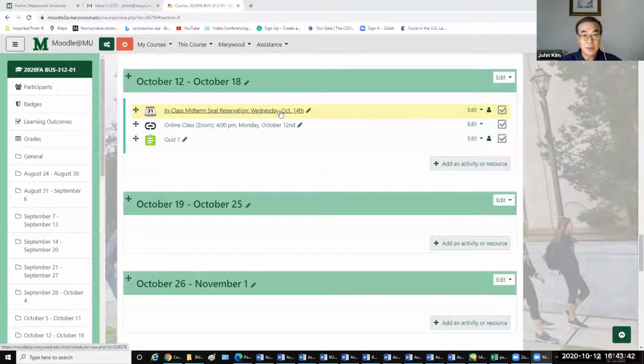Let me prepare your paper midterm questions. So click this one on Moodle and reserve your seat. And also, if your computer doesn't have a camera, that means you can't turn on the camera, then please come to class and take the midterm on paper. So in that case, reserve your seat here.